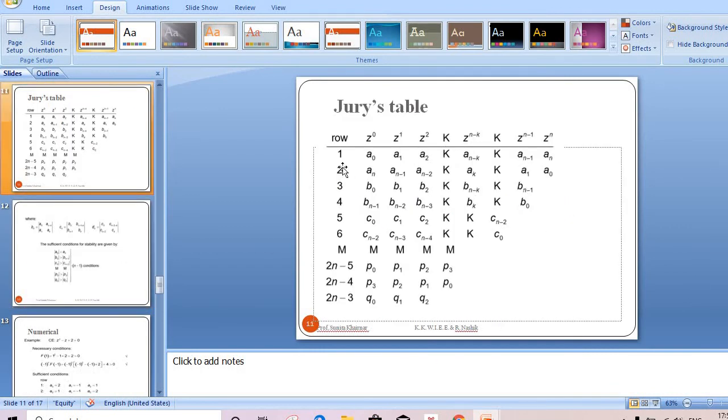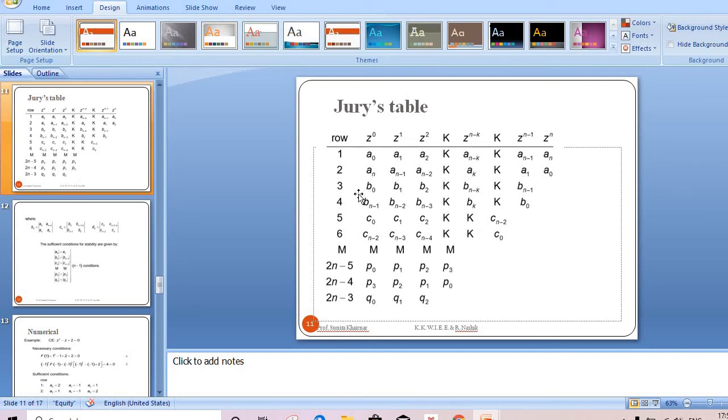See, this is A0, A1, A2, A3 up to A4. The second row is just the reverse order of the first row. See, this last term An is here first, the last but one, An minus 1, is here. So the first row is written from the given polynomial, and the second row is just the reversed order of the first row.